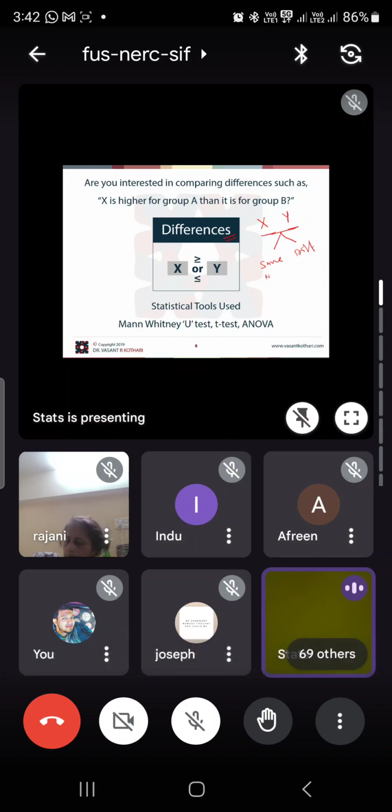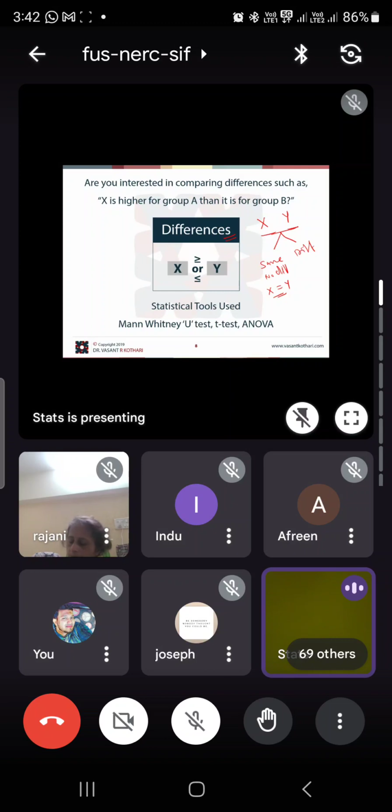They are same means there is no difference, X is equal to Y. It means that both variables are same. Now, when we say there is a difference, there are two possibilities. Either X is better than Y or Y is better than X.